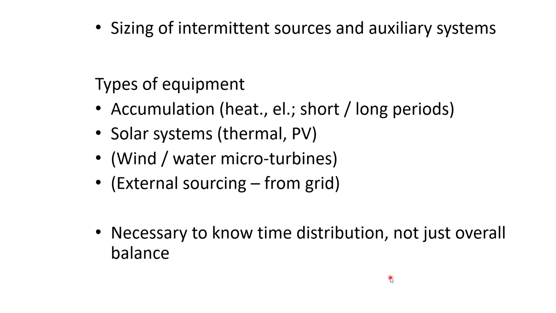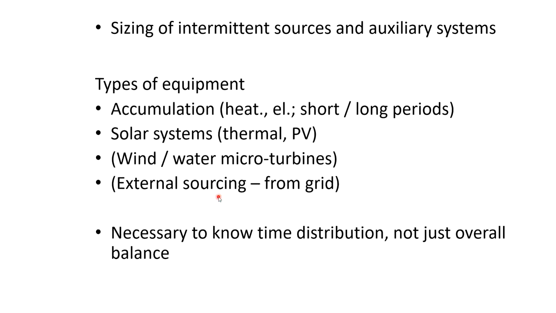Now what if we have some intermittent sources or maybe some auxiliary systems? The types of equipment like this are accumulation systems, solar systems, eventually some other renewables, and of course external sourcing when it's possible from the power or thermal grid, and that is kind of a backup that is always there, you just need to pay for it.